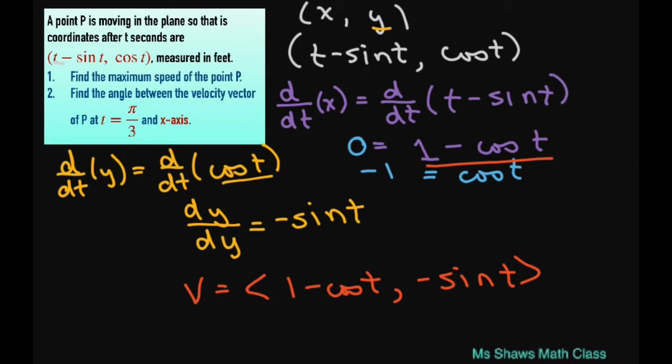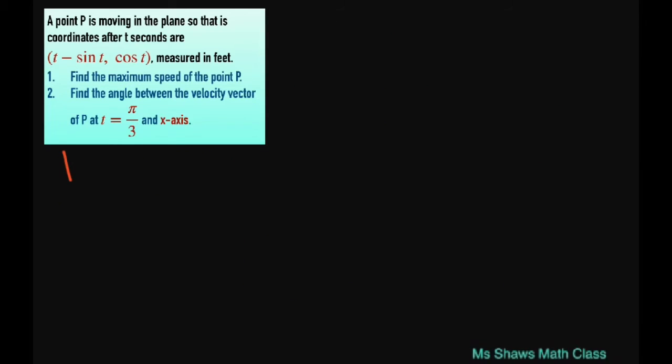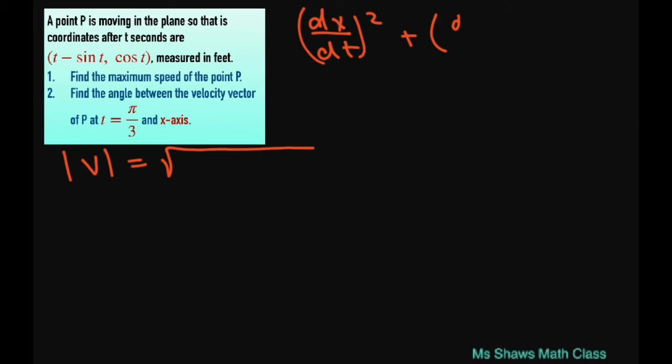Now that we have the velocity vector, I'm going to take the absolute value of our velocity, finding the maximum speed, using the distance formula. We take the square root of our derivative of x with respect to t squared plus our derivative of y with respect to t squared, and that equals the speed.